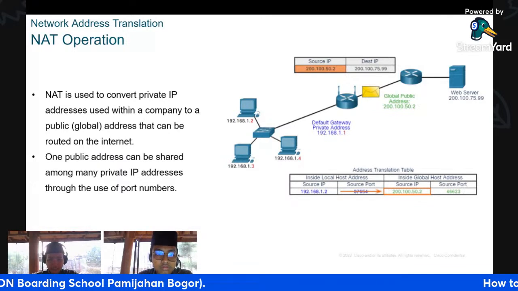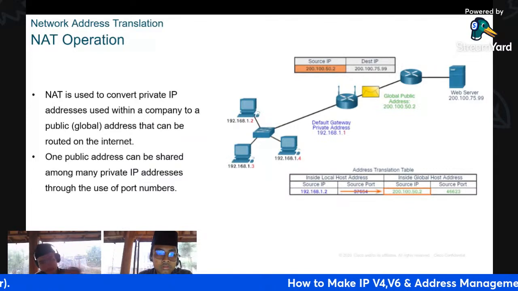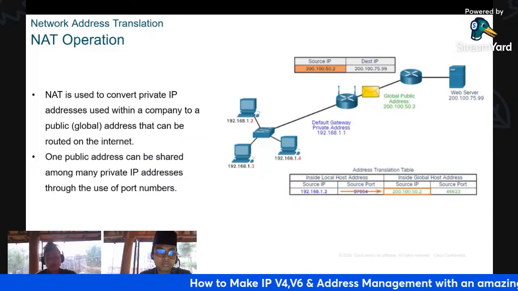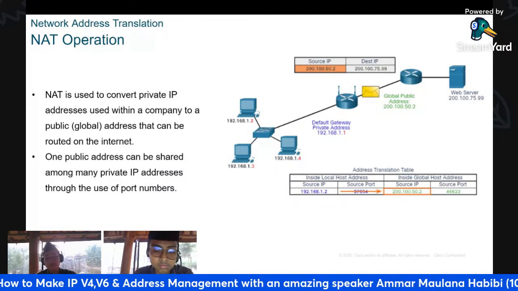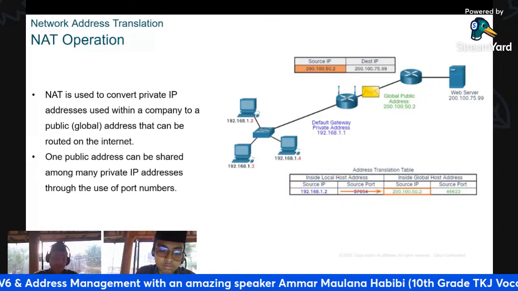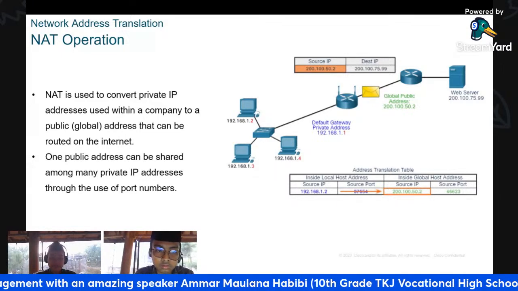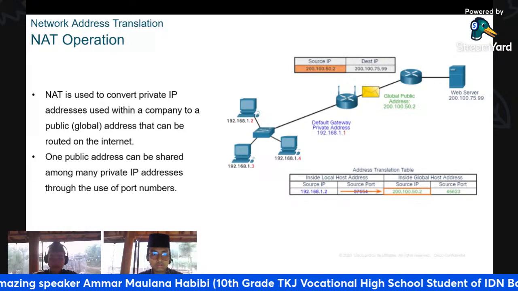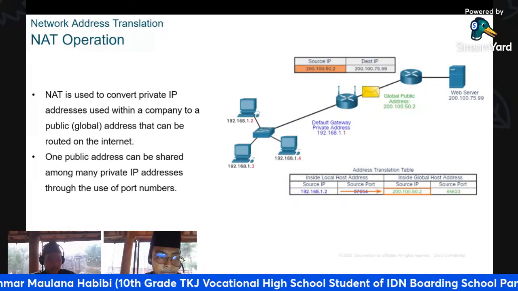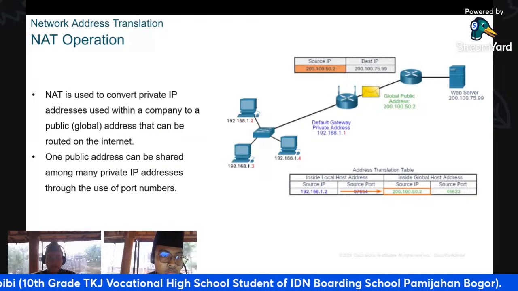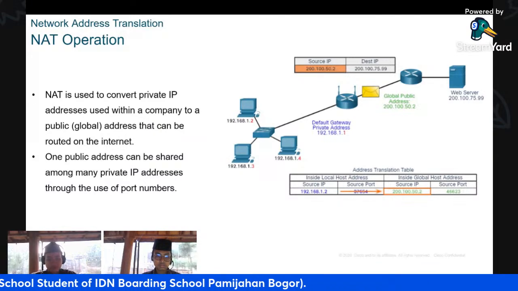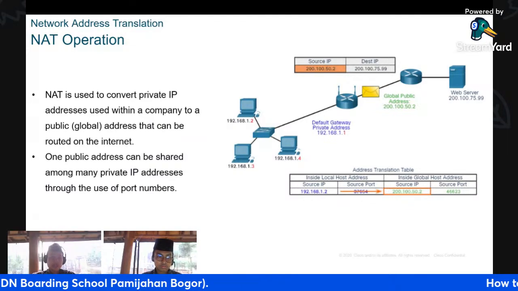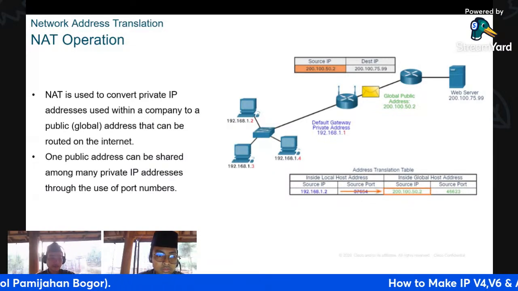For the private address, the real private address is 1.1. You can see the source IP is 200.150.2. If the private IP address is going to the web server, it becomes a public IP because there's a NAT operation, network address translation.